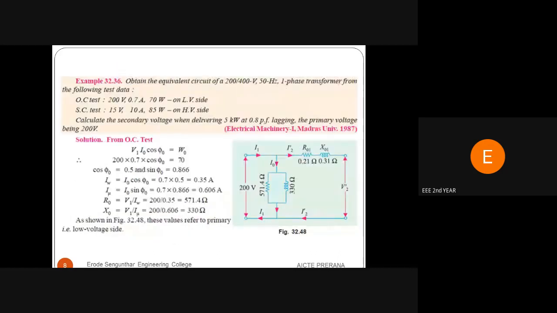So substitute these parameters into the formula. The load current I2 is 15.6 ampere, R02 is 0.85 ohm, into cos phi 2, the power factor value, 0.8, plus 1.24, that is the X02 value, into 0.6.